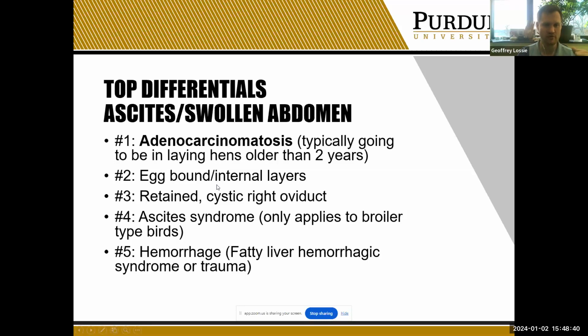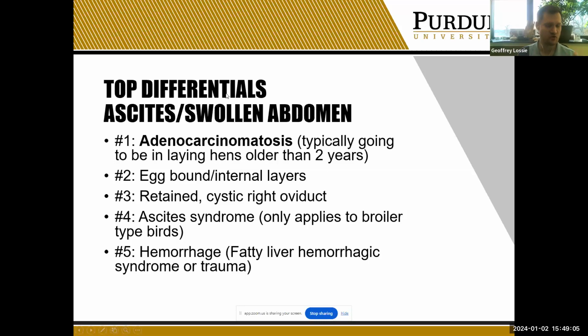Egg-bound or internal layers are also common. And again, going back to what I mentioned previously, by the time most clients contact me as a veterinarian for reproductive issues, it often ends up having a pretty poor prognosis, because these birds can mask the fact that they're not laying.